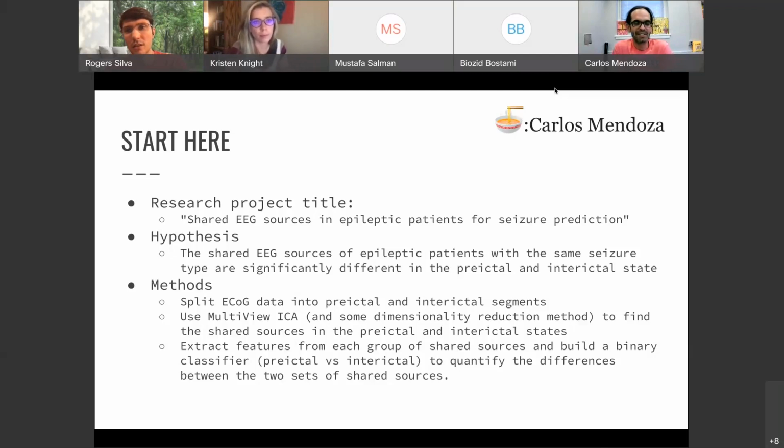I was asking that myself as I was writing this. I'm mostly interested in the shared sources in the preictal phase, because the hypothesis is that if you're taking data from epileptic patients having the same type of seizure, you will expect some sources that are common in the preictal phase that are indicative of a seizure being generated, right?